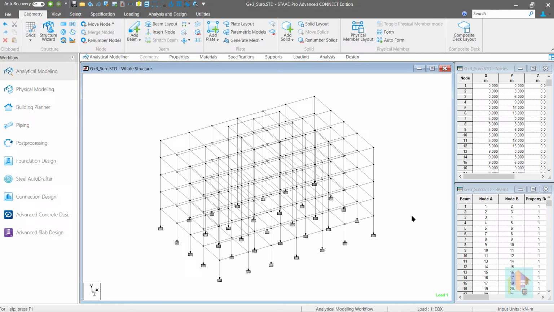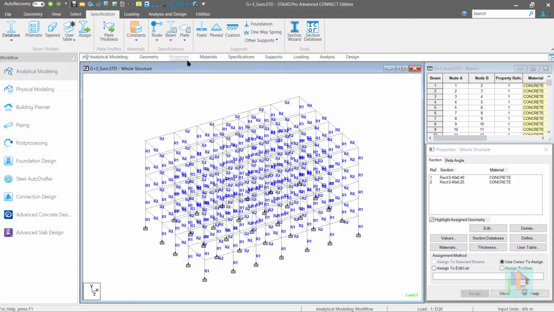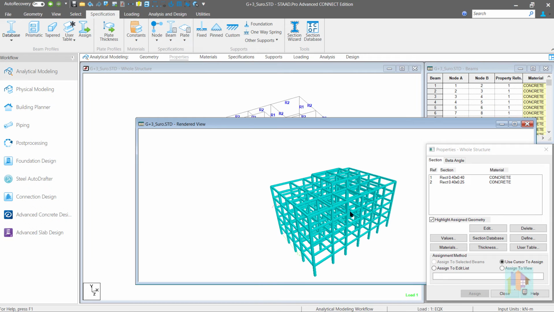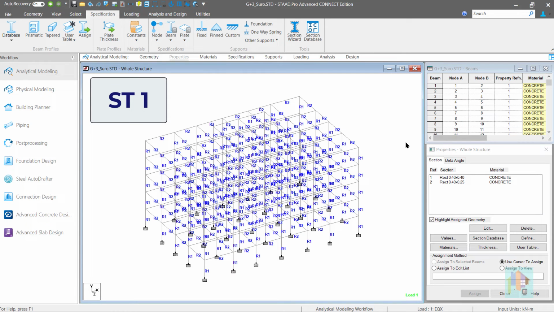Let's check how we can define this ST parameter for different types of model. For this structure, no RC or brick wall is modeled. Concrete beams and columns are used in both directions to resist the lateral force. Hence, we can consider it a concrete MRF building and define the ST parameter as 1.